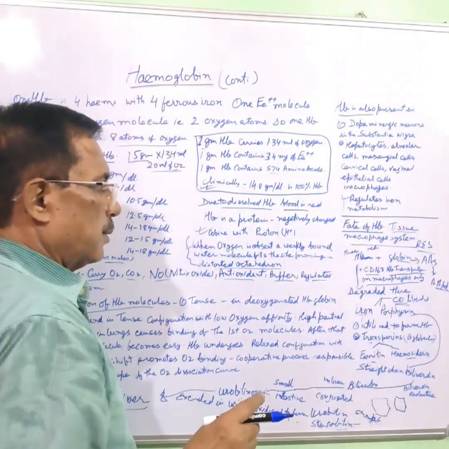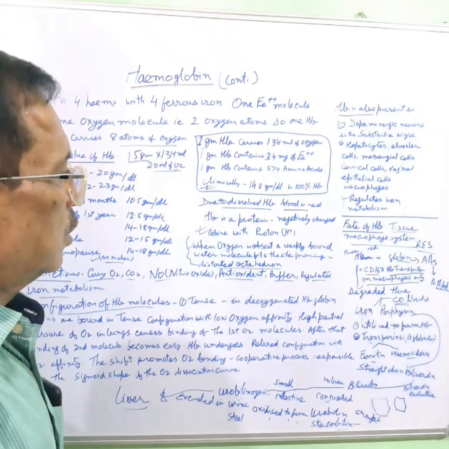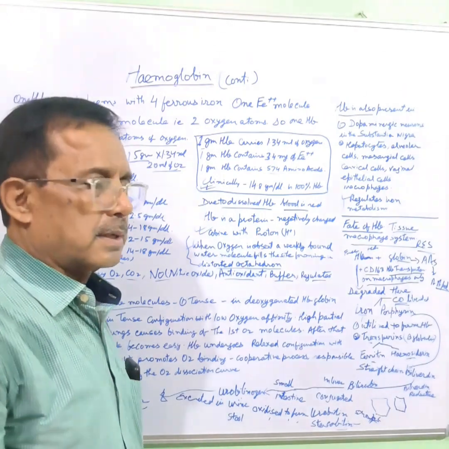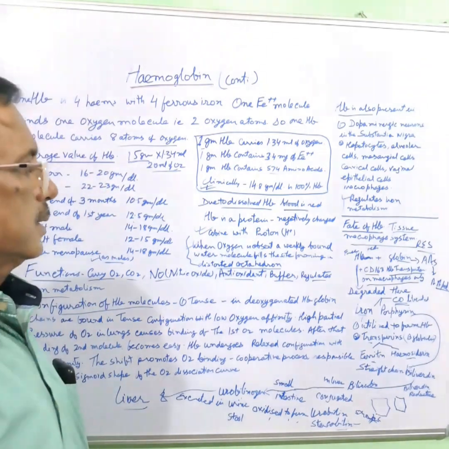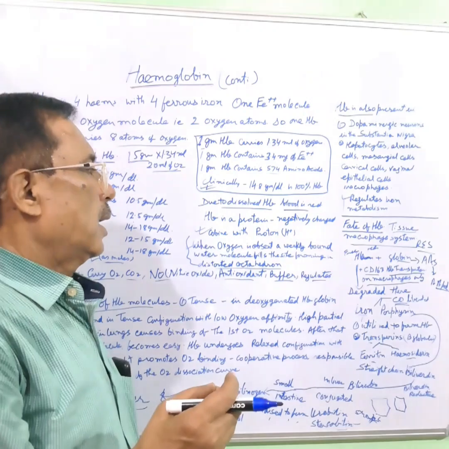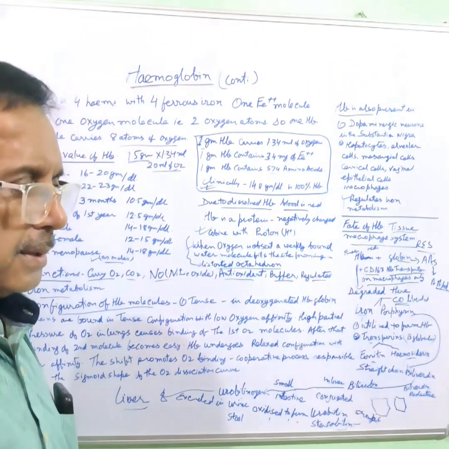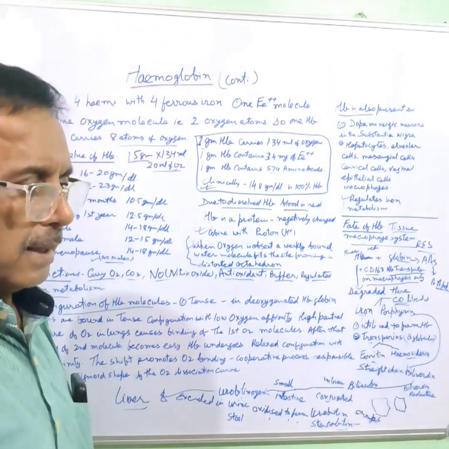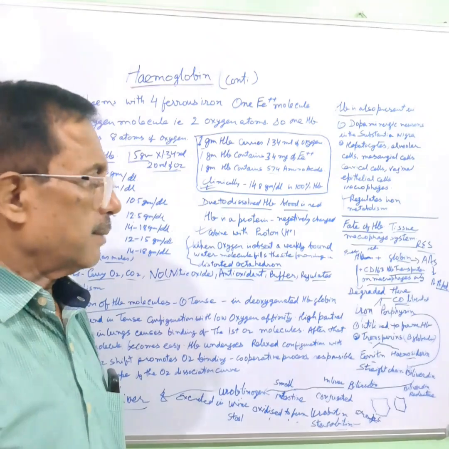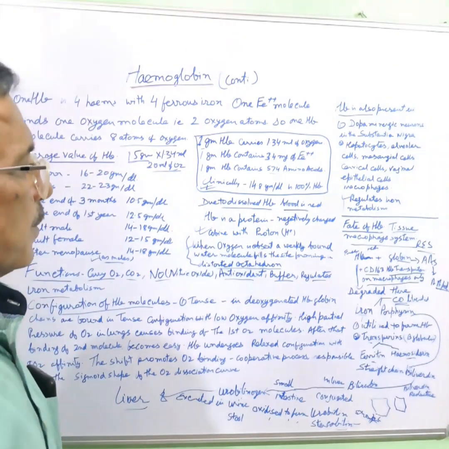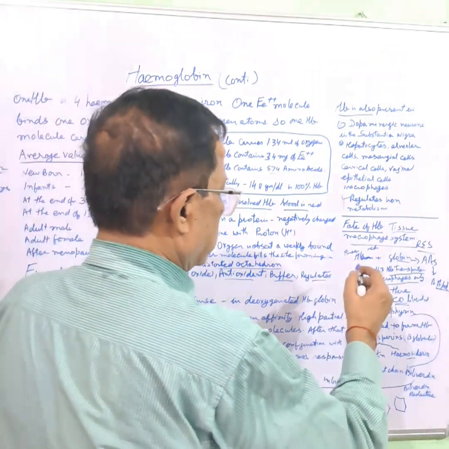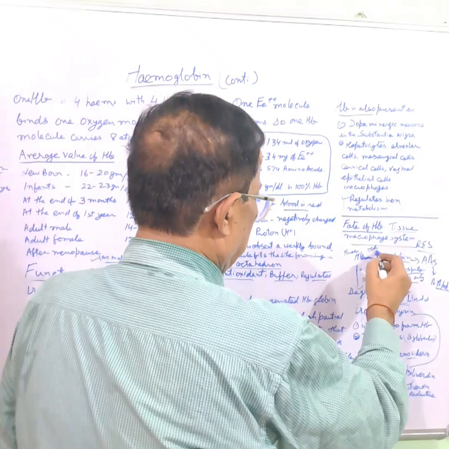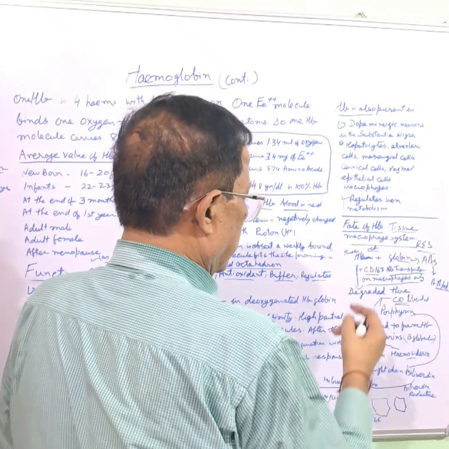Then the fate of hemoglobin. What is the fate of hemoglobin? In the tissue macrophage system, previously called the reticuloendothelial system, senile, old or damaged RBCs are destroyed, liberating hemoglobin.